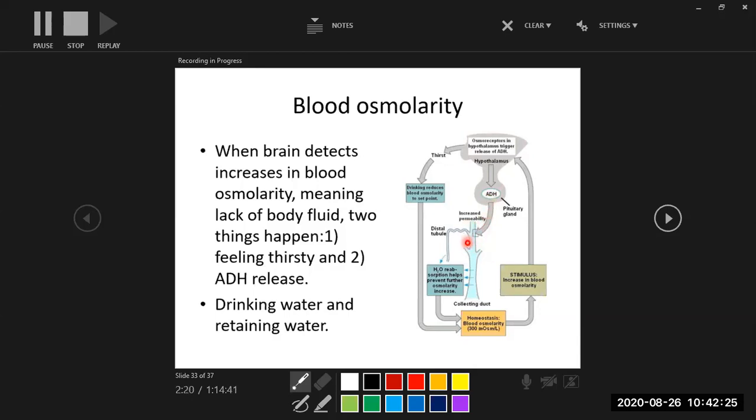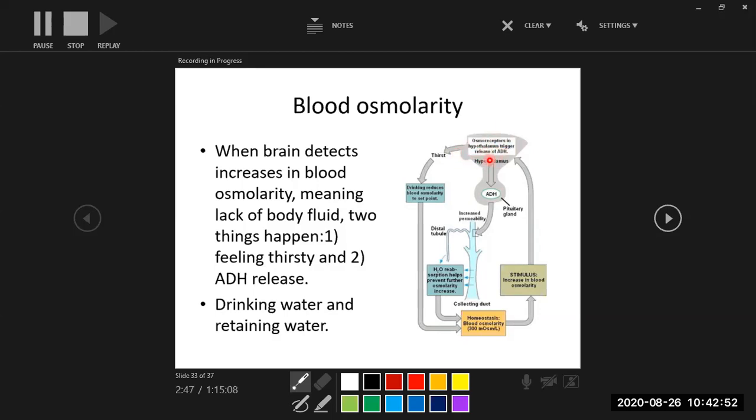So ADH acts on the kidney to retain water. That's one thing the brain will tell ADH to do. The next thing the brain will also tell you to do is to make you feel thirst. Then you will feel the thirst and go out to grab water. So you're driven by that osmolar receptor.